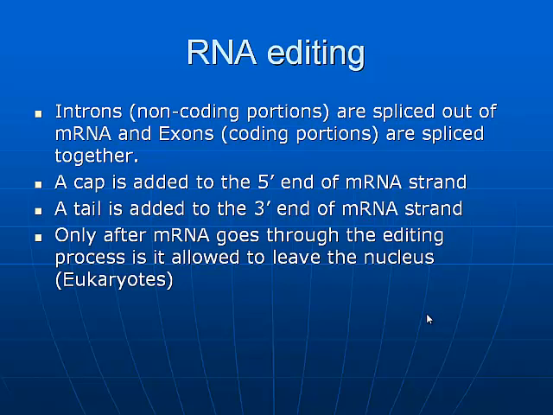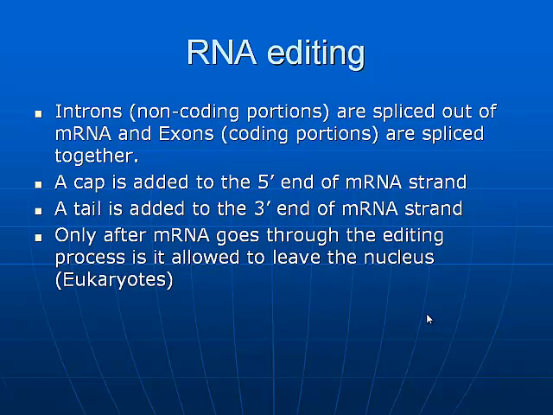Basically, there's a long mRNA strand, and these intervening sequences are cut out of the mRNA strand itself. The exons are then spliced together to form a complete mRNA strand.